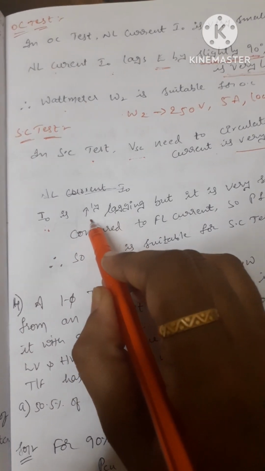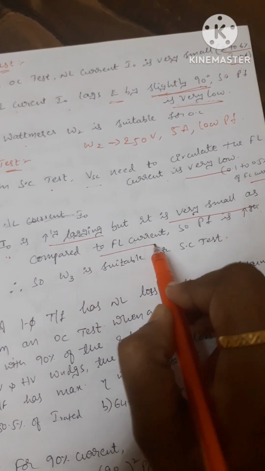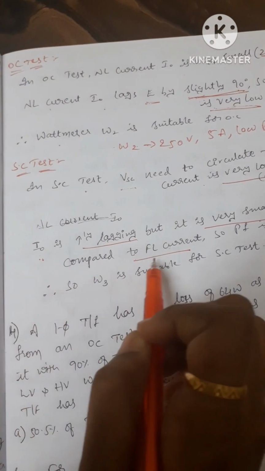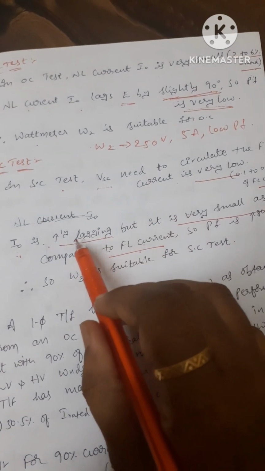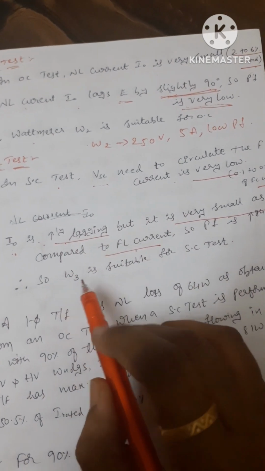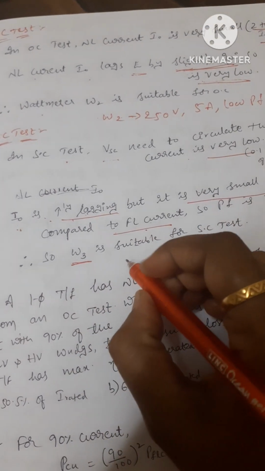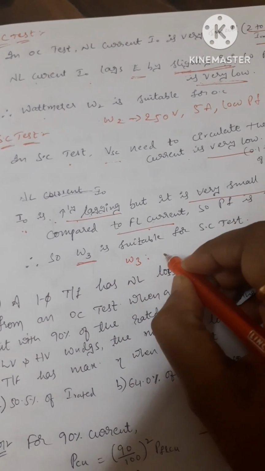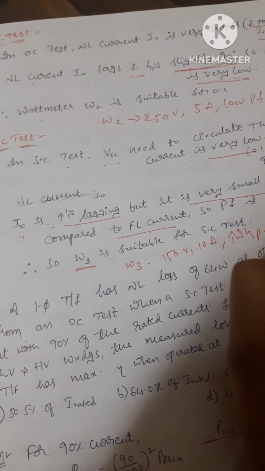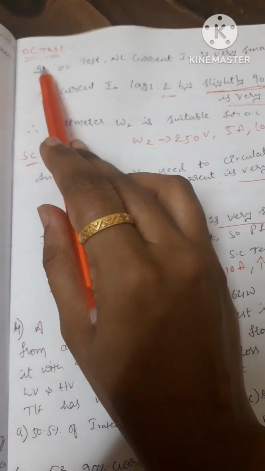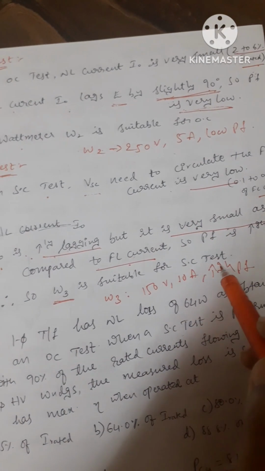The suitable wattmeter is W3, rated 150 volts, 10 amperes, high power factor. So the OC test uses low power factor and the SC test uses high power factor.